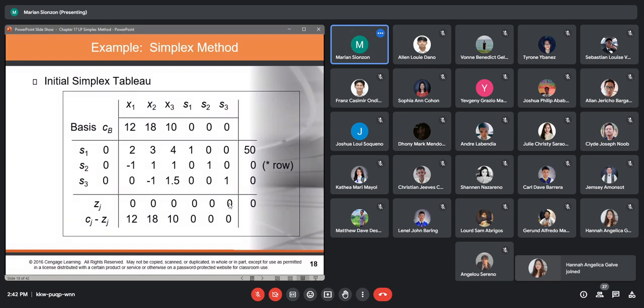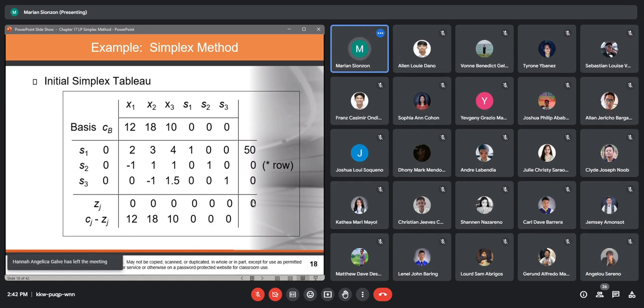So 12 minus 0 is 12. 18 minus 0 is 18. 10 minus 0, of course, will be the same. The others are 0. Right? There is nothing to subtract at the end.